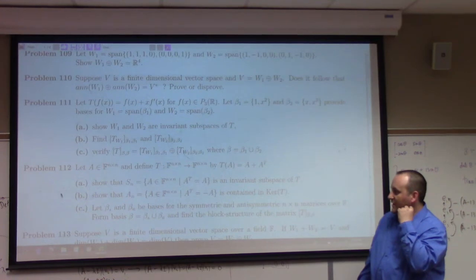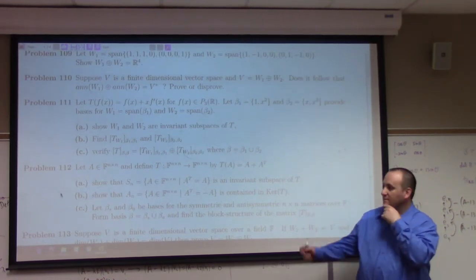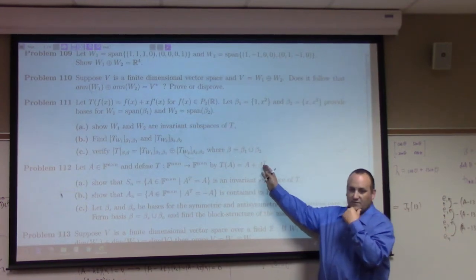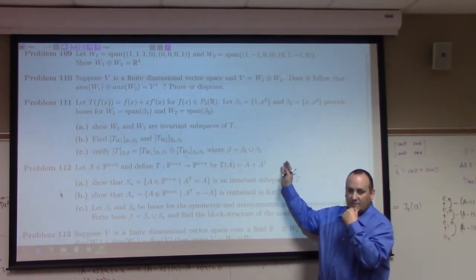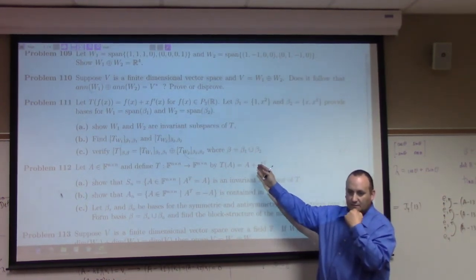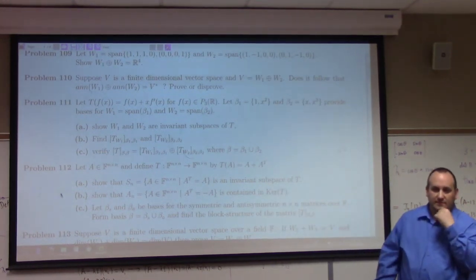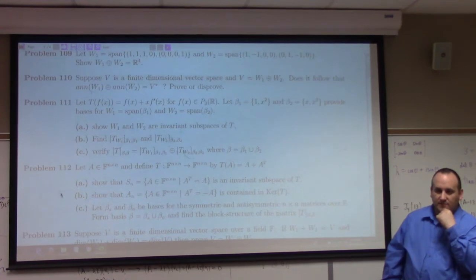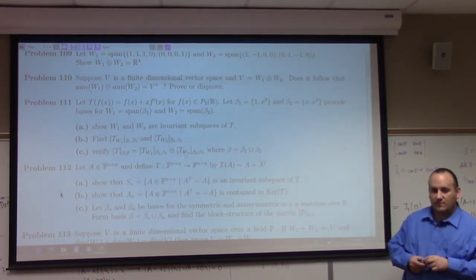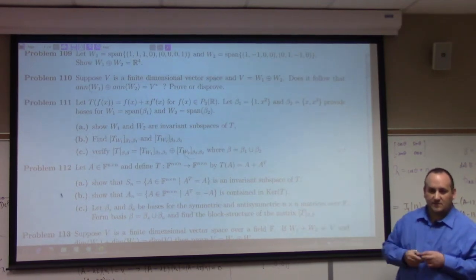And what happens with T of A when you feed it a symmetric matrix? Well, A transpose is equal to A, so you get twice A for the symmetric piece. What happens when you feed T an antisymmetric matrix? 0. So you can see what the block structure should be even without knowing those explicit bases.